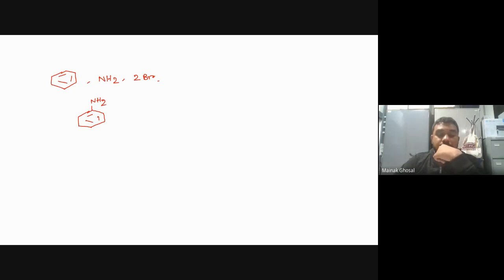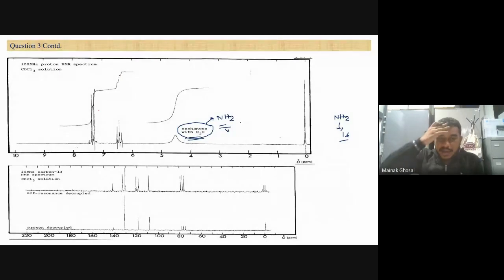Now what positions will the bromines be in? Both bromines here, or one here and one there? I don't know in which positions the two bromines will be, so this will be dictated by the 13C and proton NMR.